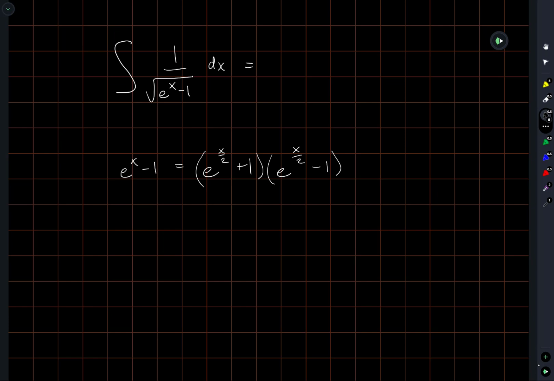Maybe another thing I could do is factor out an e to the x from the denominator to set up some sort of substitution.